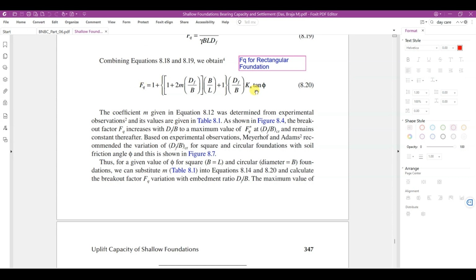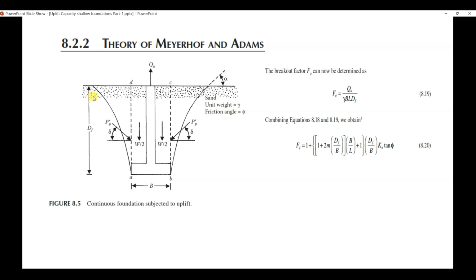Say, for example, here Df equals, unrealistically, I'm assuming a data, say it is 8 meters. So it's no longer a shallow foundation. However, let's take 8 meter, and the footing width is only 1 meter. Say it's a strip foundation or something like that. So Df over B, 8 divided by 1 equals 8, right? So for such high data, the failure surface will not actually reach this surface point.